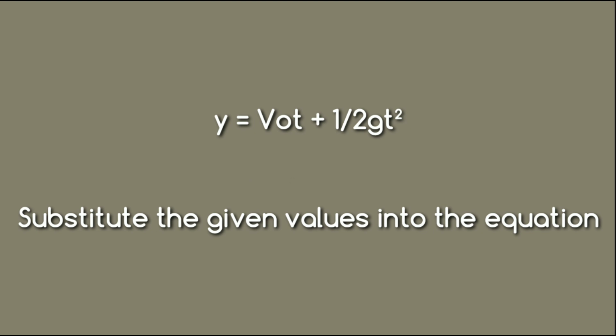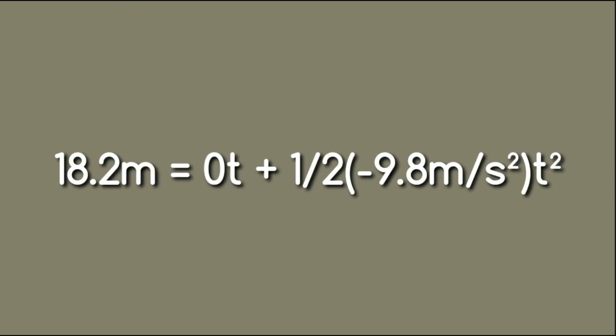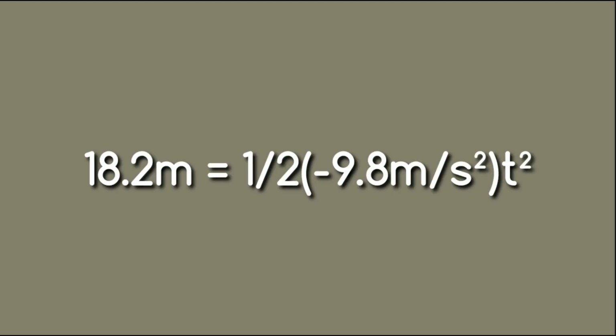Substitute the given values into the equation. So 18.2 meters is equal to 0 times time plus 1/2 times negative 9.8 m/s squared times t squared. And that is 18.2 meters is equal to 1/2 times negative 9.8 m/s squared times time squared.